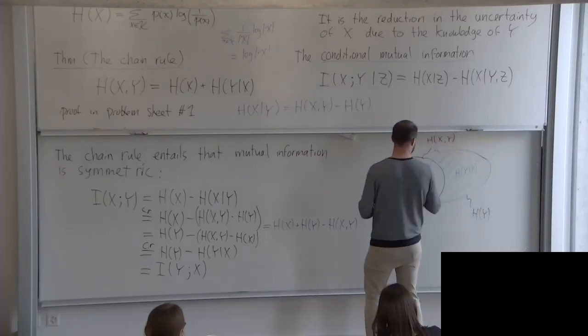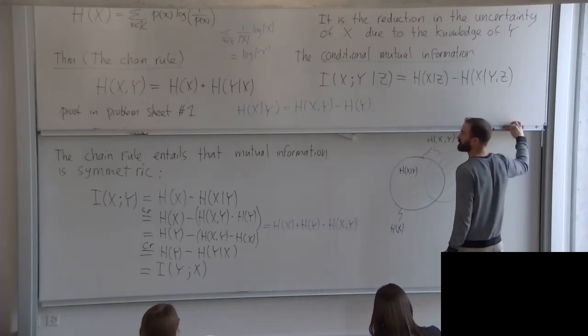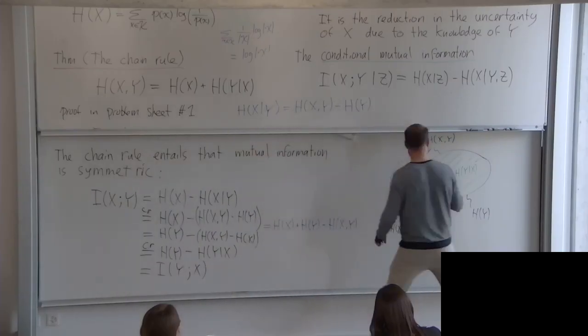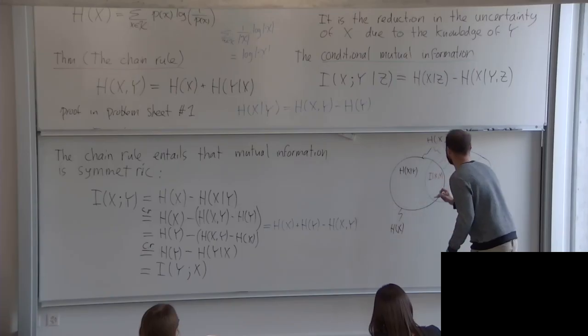This one here would be h of x given y. And in the middle, we could represent the mutual information between x and y.